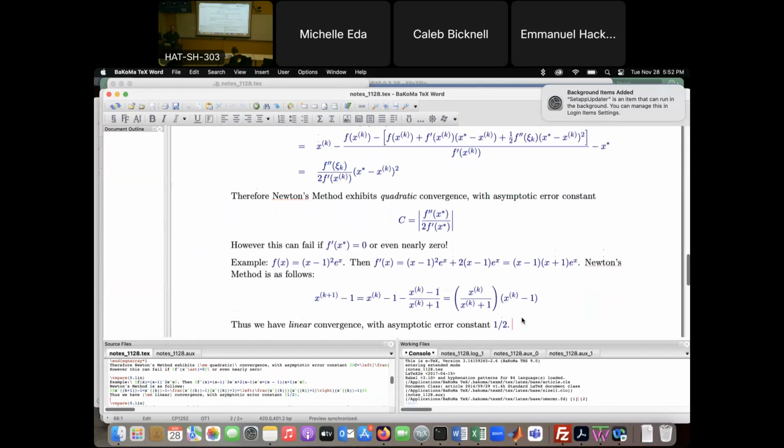True. But yeah, bisection, because by bisection, the error is being cut in half. So you would think, oh, well, if Newton's method for this example is no better, in terms of speed of convergence, than bisection, then maybe we should just use bisection. But what is the problem with using bisection in this example?